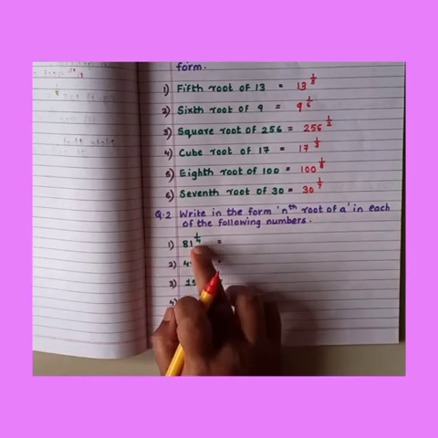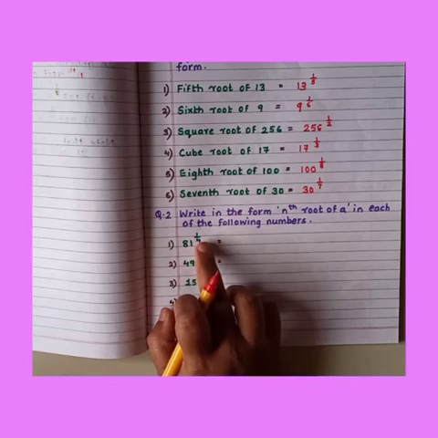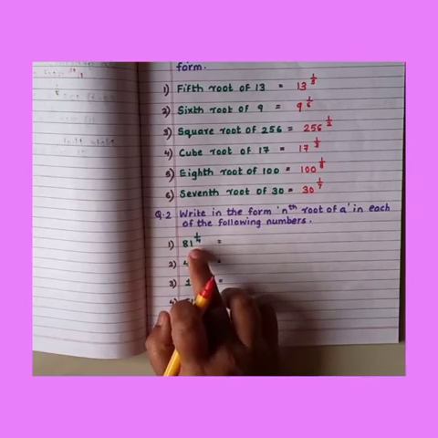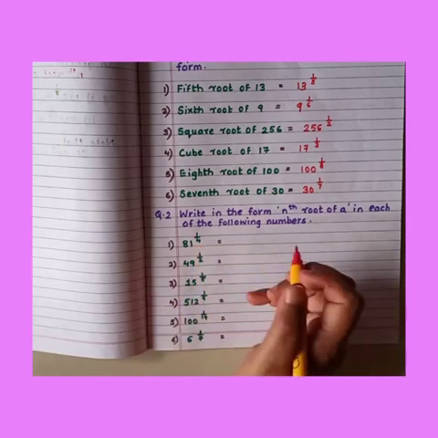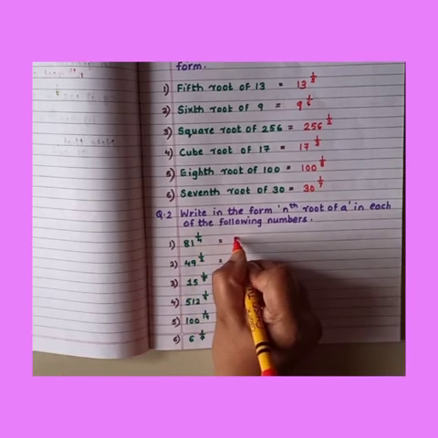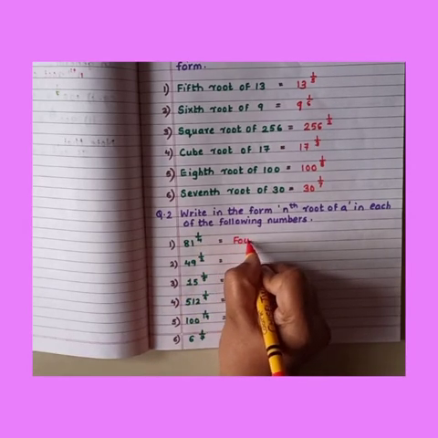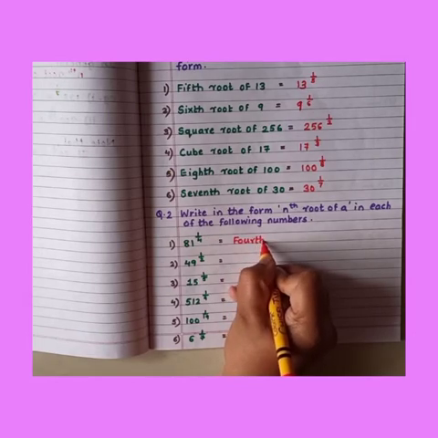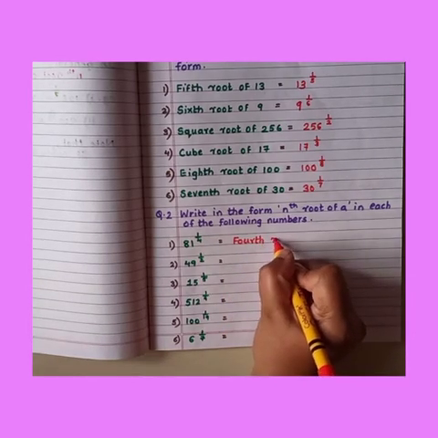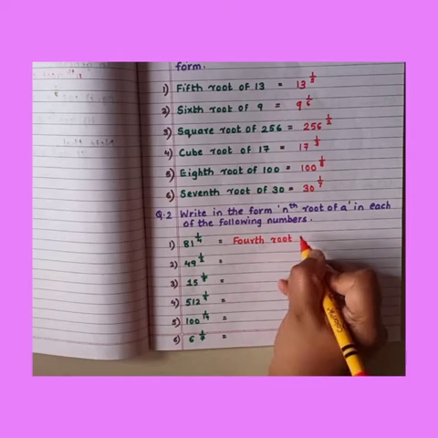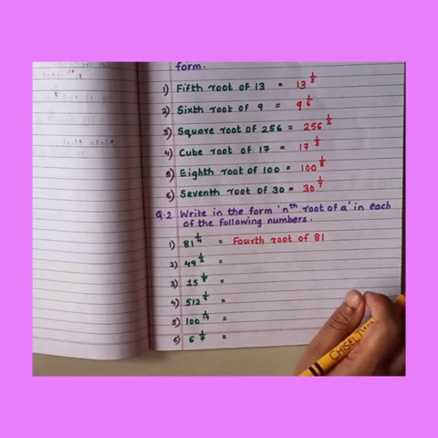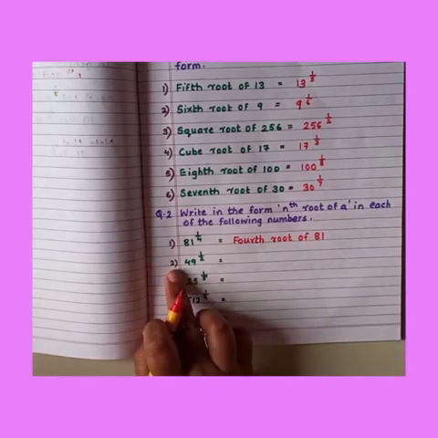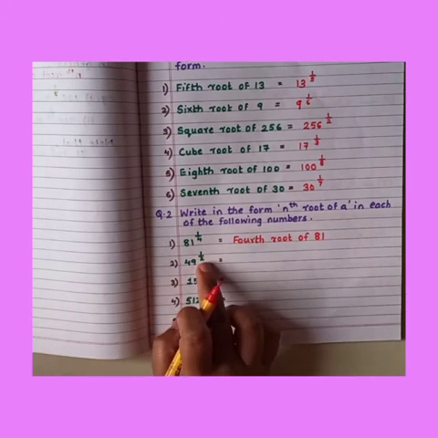For nth root we have to read the root number first. Root means denominator. Here which number is in the denominator? 4. So how will we write this? 4th root of 81. Understand?